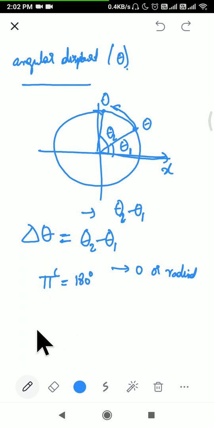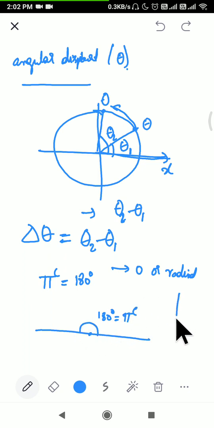That means in a straight line, this angle is 180 degrees, which is nothing but pi radians. In a circle, this is pi radians, this is another pi radians, so the total angle will be 2 pi radians.